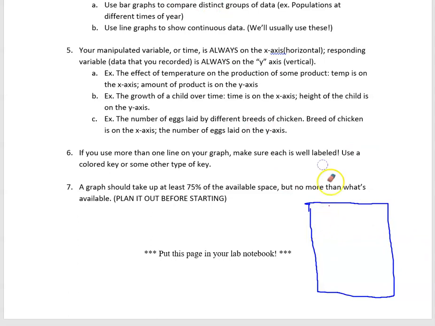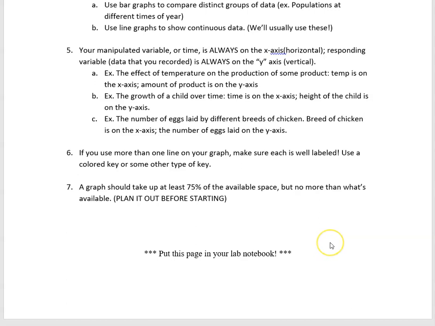No, fill up 3/4 of the available space. For this assignment, you're not going to be using the entire paper. You're going to be folding your paper, and your substitute teacher will show you how that's going to work. So you'll fold it in half, and you'll have 3 graphs to make. So you'll make your graphs in different panels there. Okay, so that's the first page.